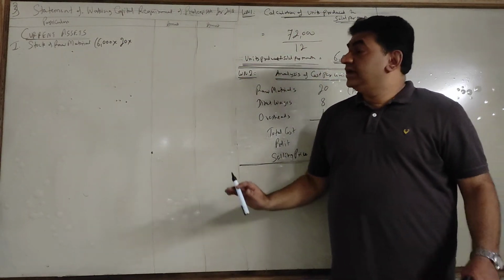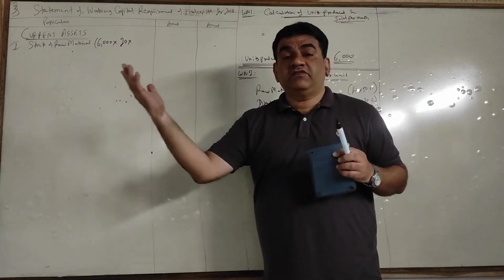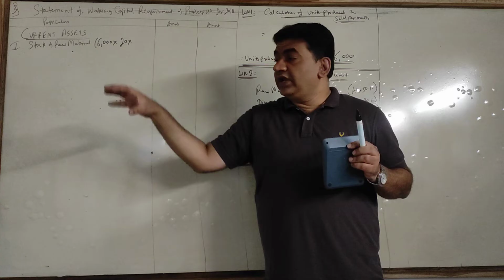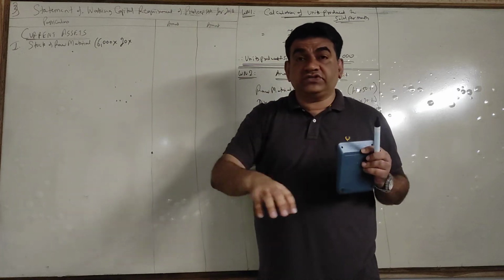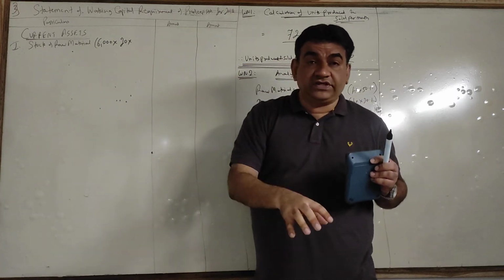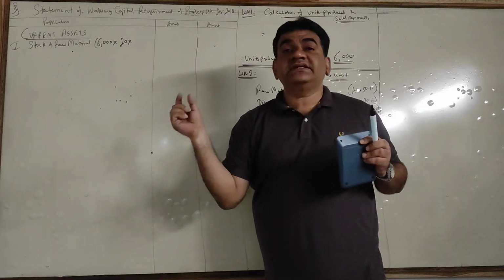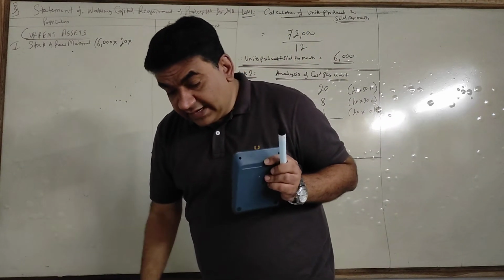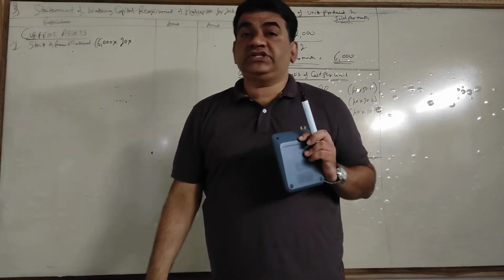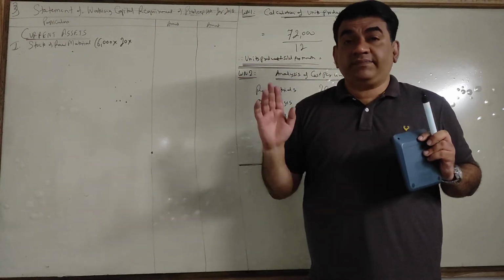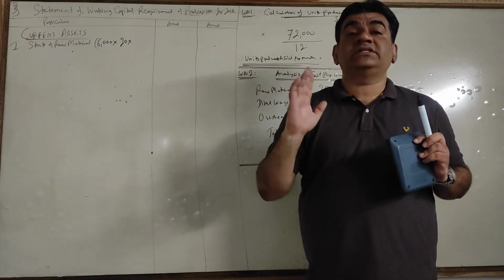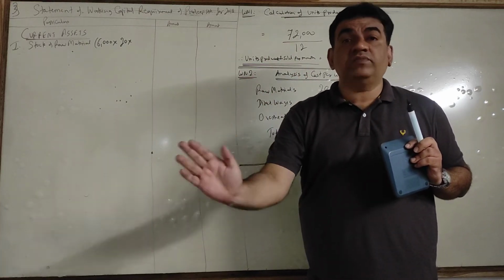Now see, when I say stock, why do we buy raw material? To produce finished goods. So today I buy, it will be converted into finished goods. Again I buy, it will be converted into finished goods. Now how much time does it take? They have to give you that. See the third line. Raw material in stores. How much? 2 months consumption. That means your stock of raw material will be equivalent to 2 months consumption. At any point of time, 2 months consumption will be there.